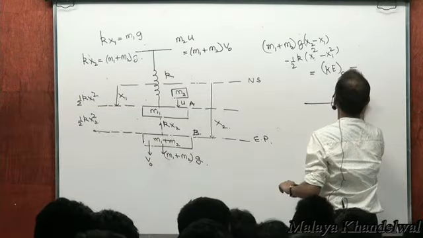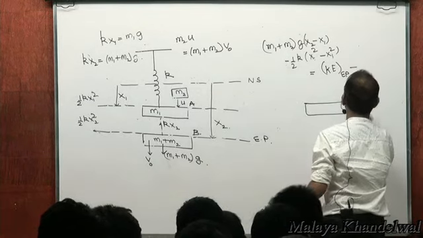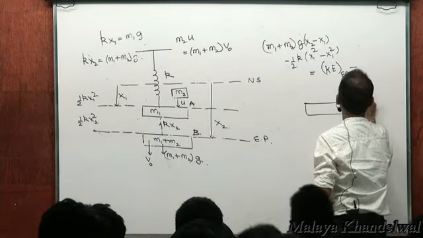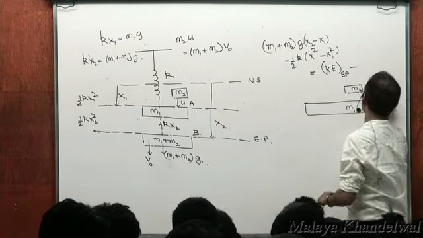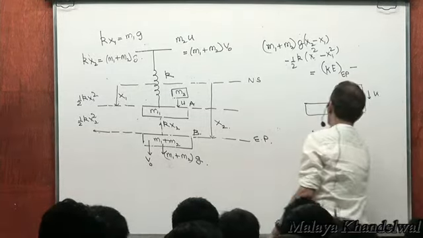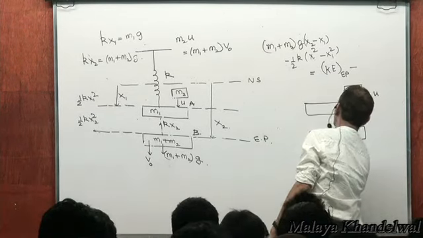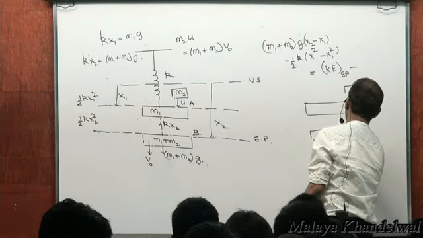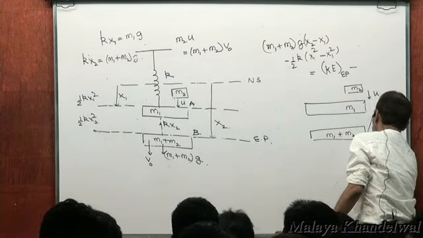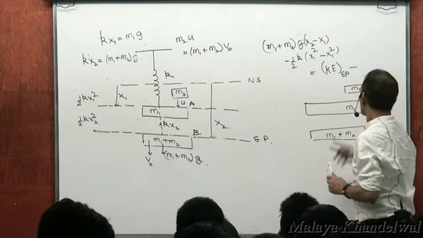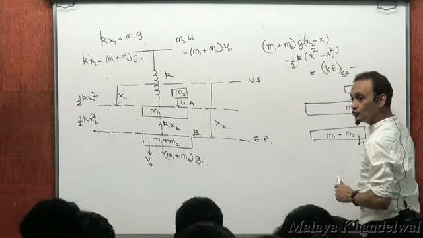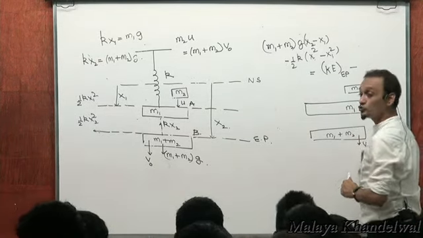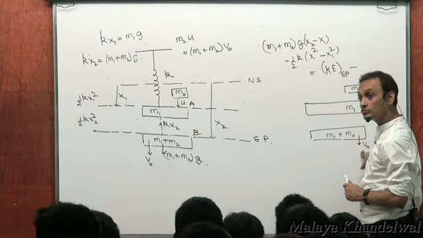This was m2 and this was m1 at rest. m2 was moving down with a velocity u, right? Just before collision, and just after collision, this is m1 plus m2. Together they move down with a velocity v0. Then conserving linear momentum in this direction, m2u equals (m1 plus m2) v0. Yes or no?